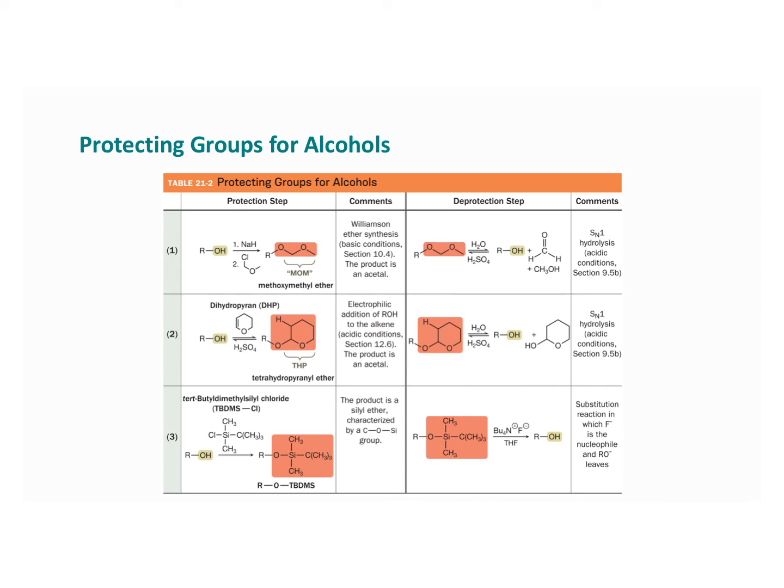And this is very common in protecting groups, some sort of silicon there. And so this is something that shows up pretty frequently in protecting group chemistry. Now, you also will notice on this table, here is the deprotecting step with some comments as well.